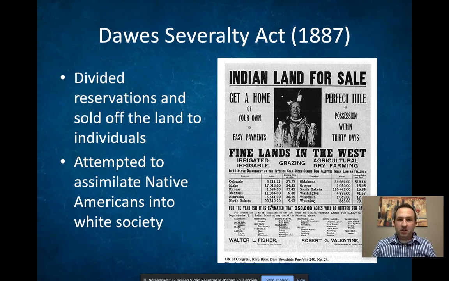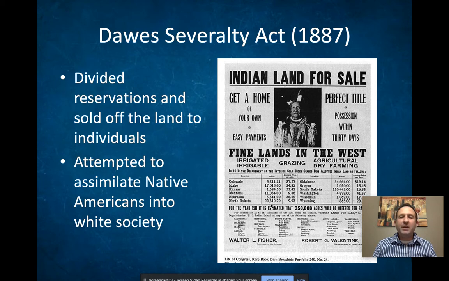And third, now I'm no math person, but if you have 160 million acres of land and 160-acre plots, there's going to be land left over. So what do you do with the extra leftover land? Do you give it to the chiefs? No. You sell the leftover land to white settlers.